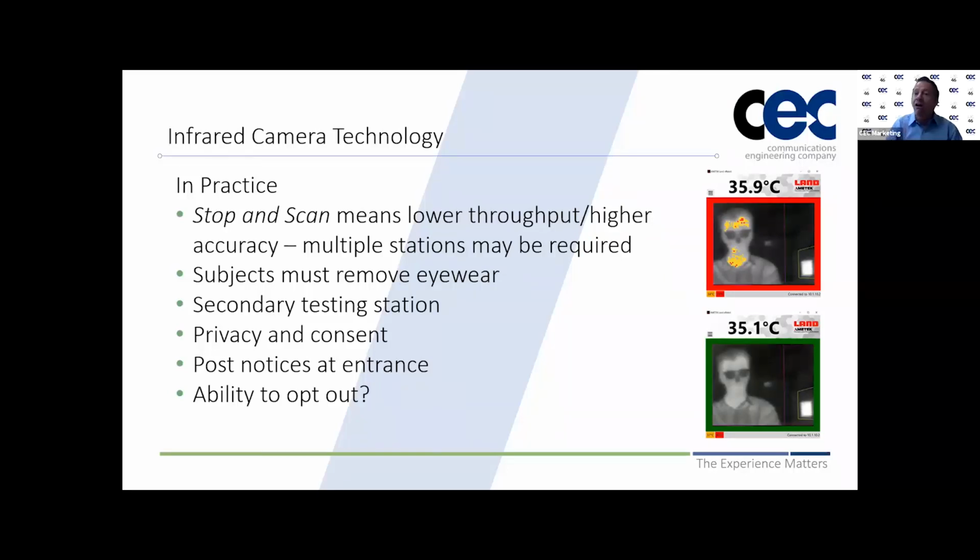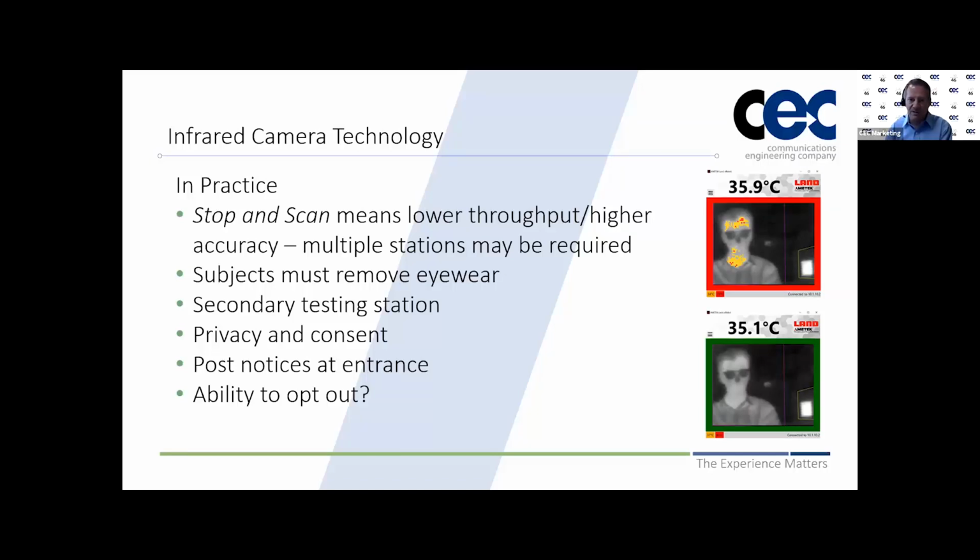Maybe they're handed a card, and on that card it says, please proceed to this area, and I would look for that area to be private so that other people don't see who's being directed to that other area and see them getting their temperature taken. I would also suggest that once they get there, they're explained why they've been asked to go there. They've exhibited elevated body temperature, and that there's a consent form or sign-off sheet, something that would protect you in terms of that.